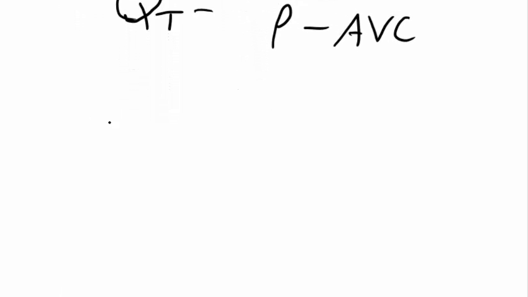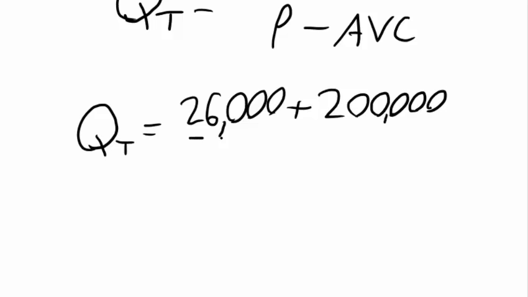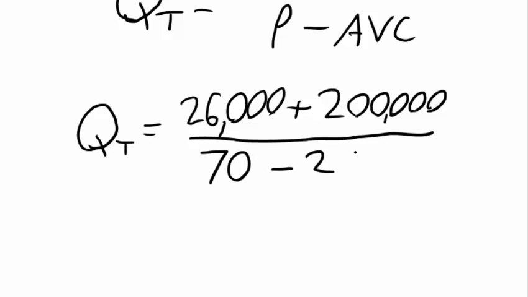And by plugging in what we know, we have the quantity to reach a target equals 26,000 plus 200,000, and that is over 70 minus 25. So all we really did was add our profit target to the numerator.